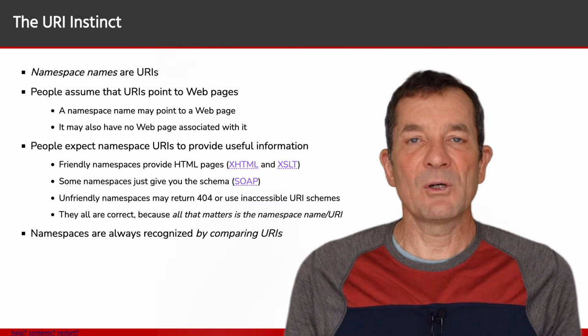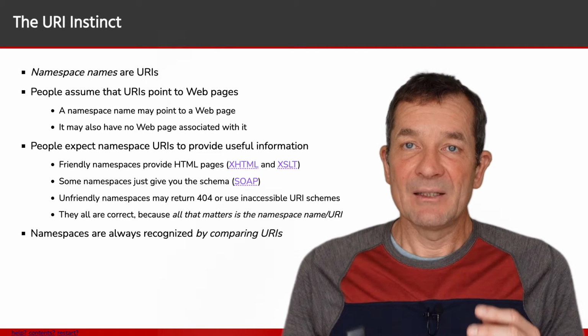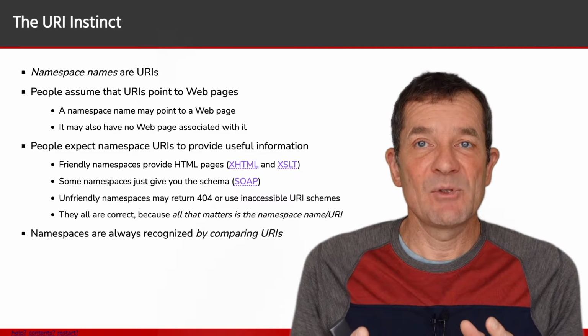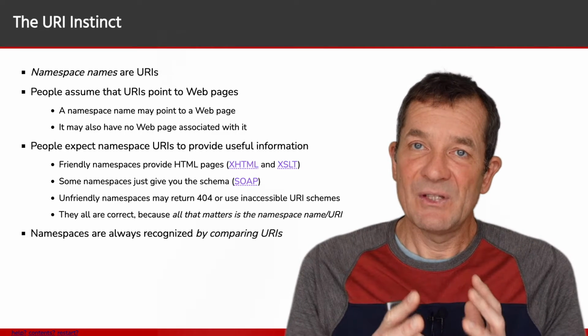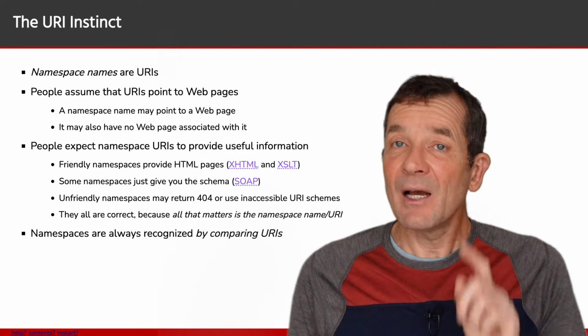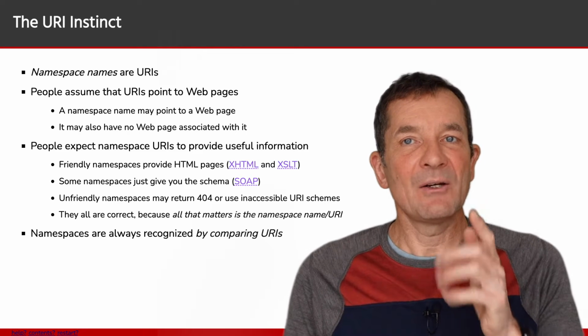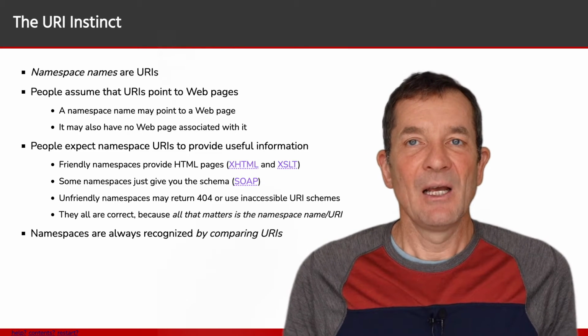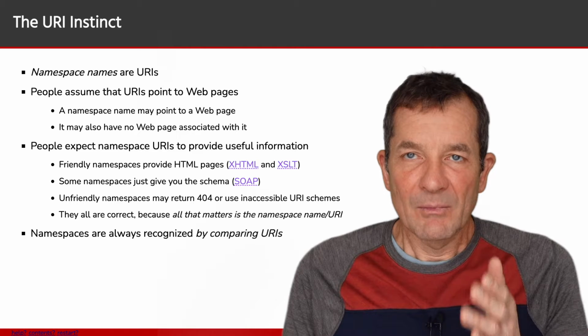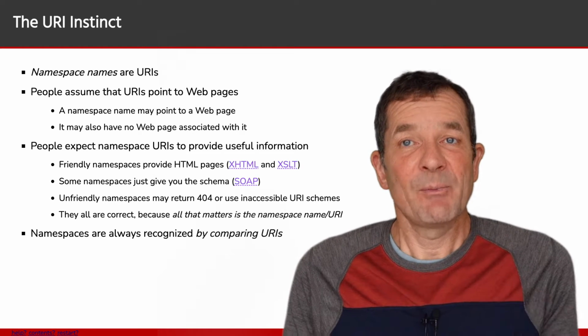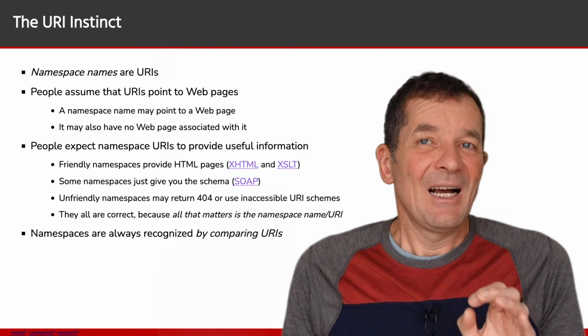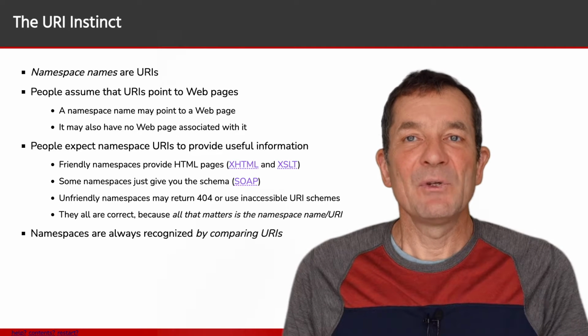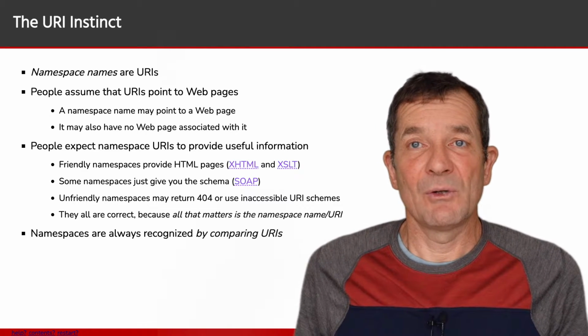And the most important thing is that you recognize a namespace by seeing that name and saying, I know that name. My software understands this namespace, and you can identify that namespace through that URI. So ideally, let's say, you never really follow those URIs.